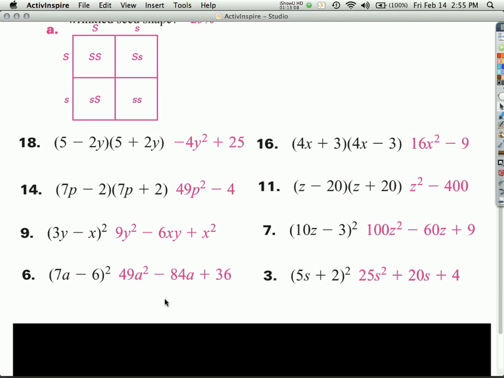Okay. Well, these are all square binomials, so that's what you're supposed to do. But then you're supposed to multiply the result times 2. To get the middle term? Okay, so you got confused.